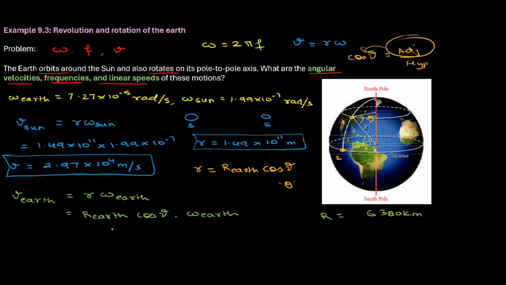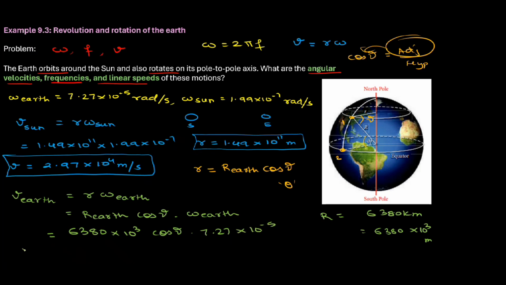When we substitute the value for radius of the Earth and omega Earth, we get r equals 6380 kilometer. Kilometer you can convert to meter by multiplying with 10 to the power 3. The power of kilo is 10 to the power 3. Times cosine of the angle theta times omega Earth, which is 7.27 times 10 to the power negative 5.